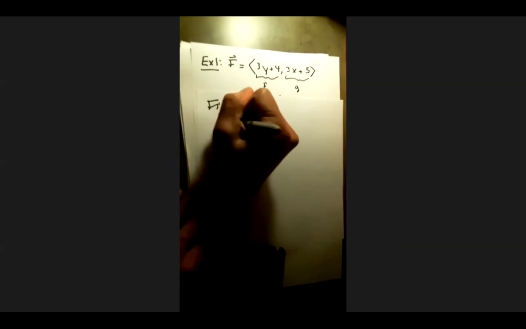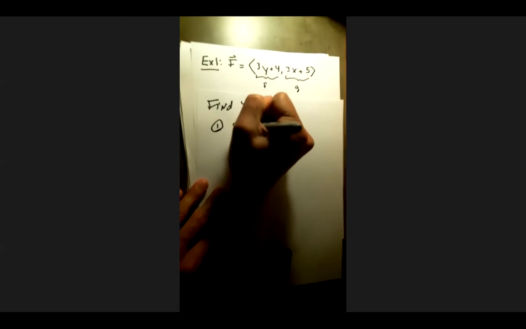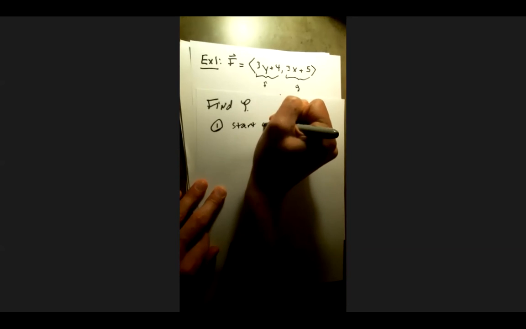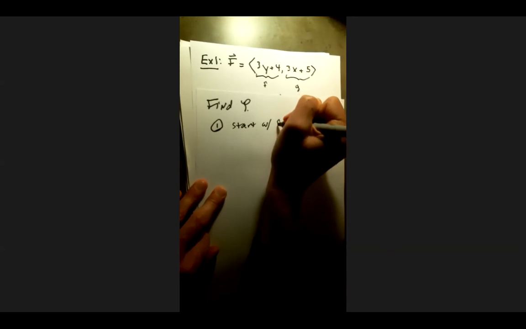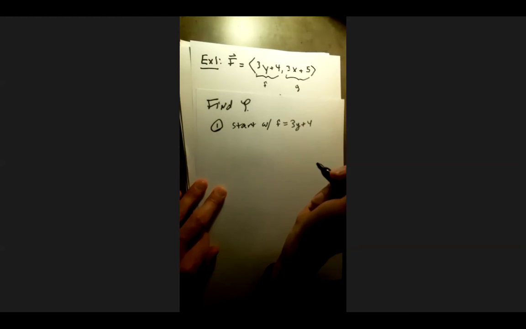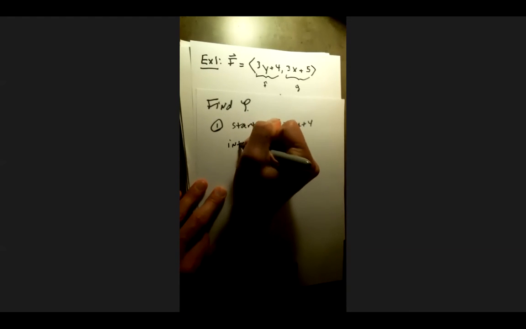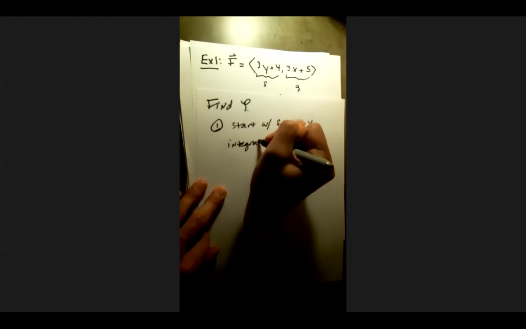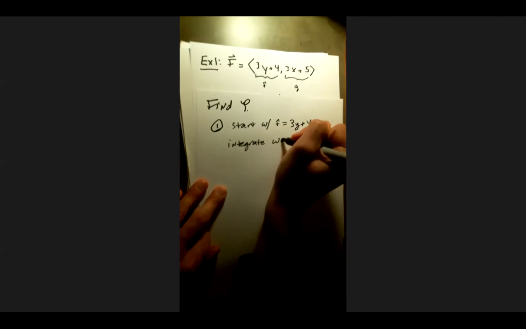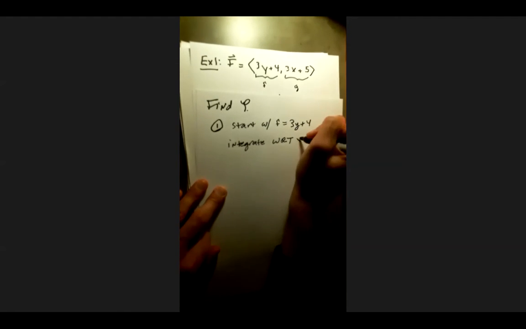The first step is we start with little f equal to 3y plus 4, and we integrate with respect to x to find phi.